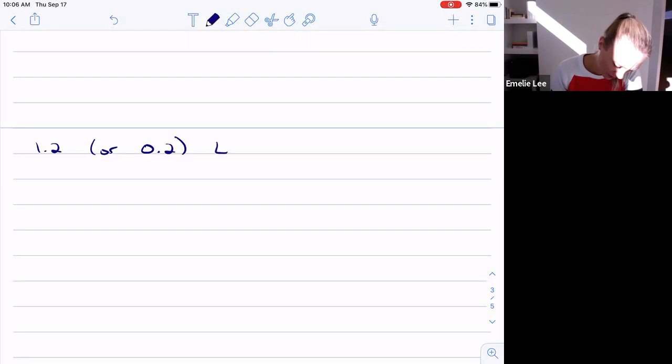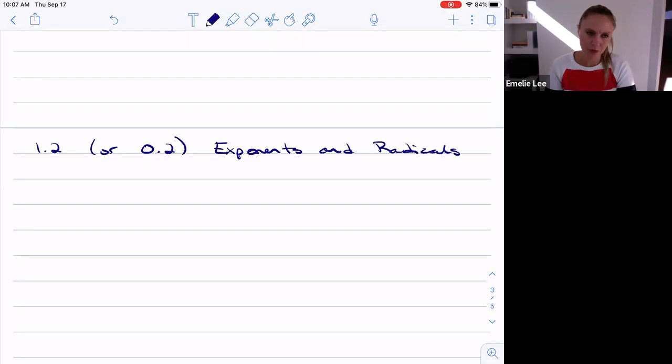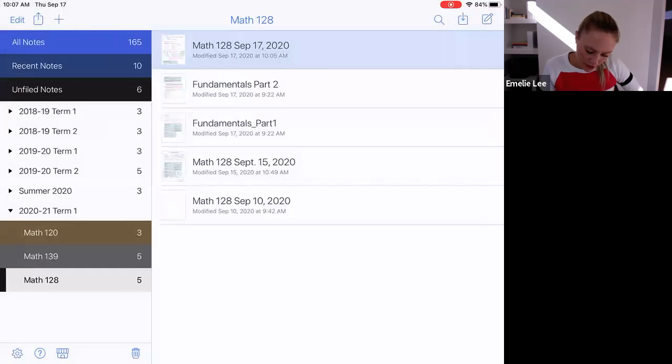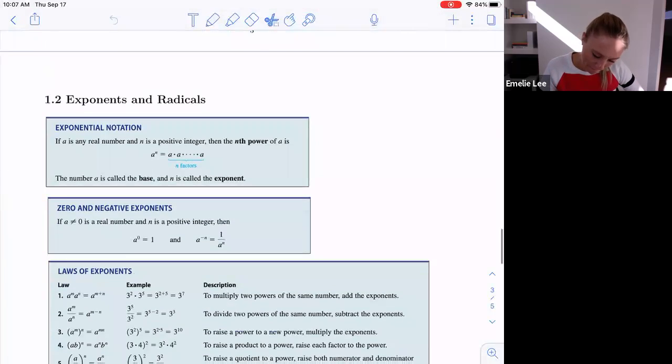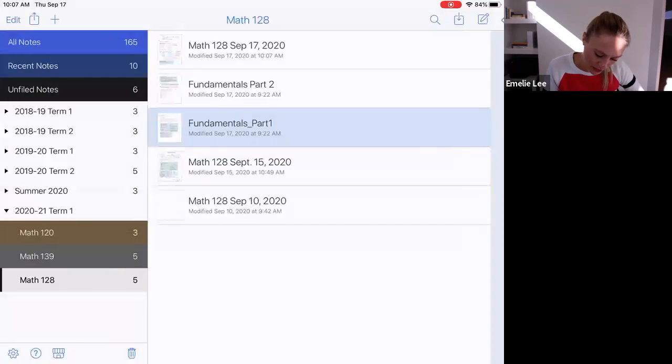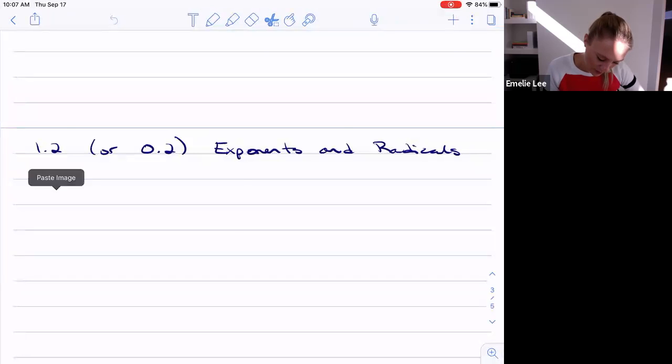But we're going to talk about exponents and radicals, which are just roots. Let's have a little refresher on how exponents and exponential notation work.